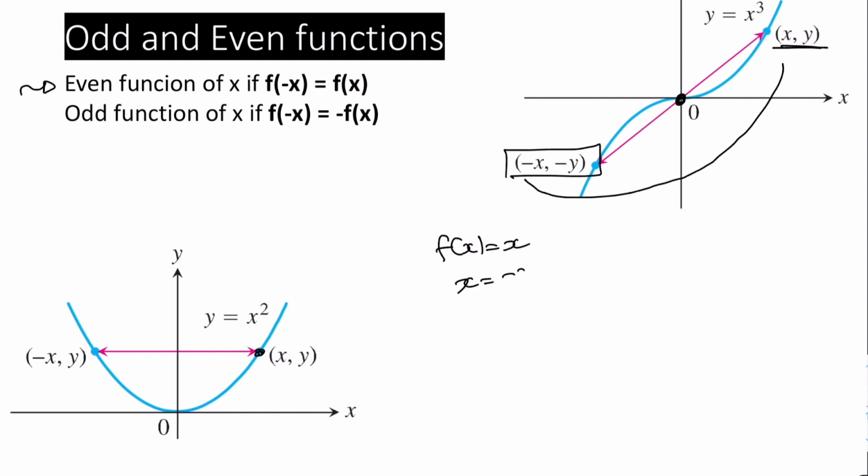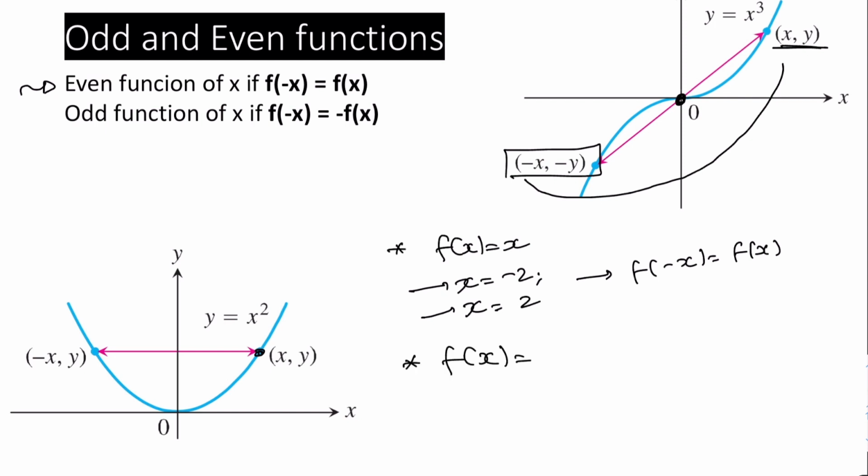If x is equal to minus 2 and x is equal to 2, then f of minus x is equal to minus f of x, so this is an odd function.